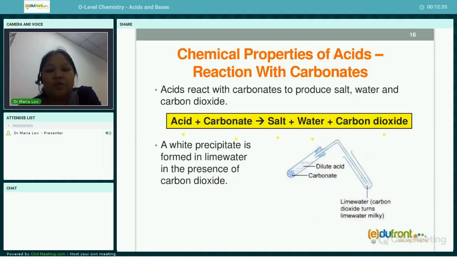To test for the presence of CO2 gas, we connect it via a delivery tube and let it bubble through a reagent known as lime water. A white precipitate is formed in the lime water in the presence of carbon dioxide gas, proving that carbon dioxide gas is evolved during this reaction.